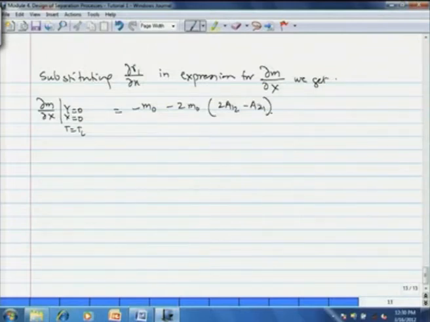Okay. So, that completes the second partial derivative.